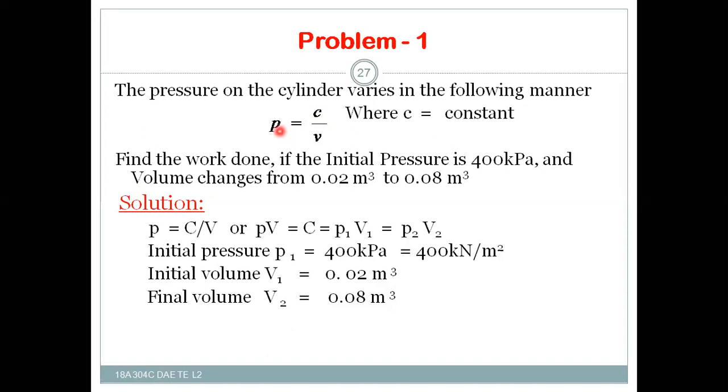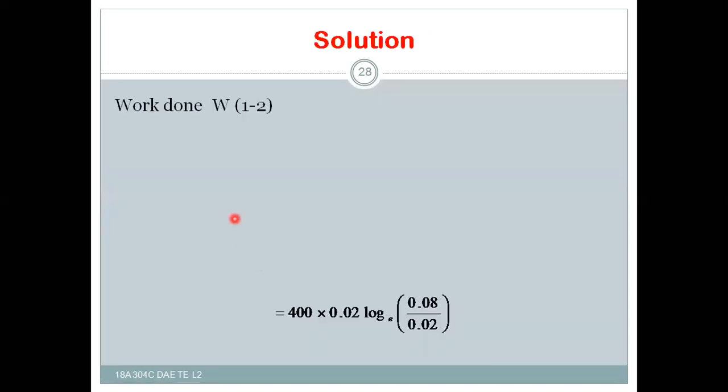If you substitute C by V in place of P, you will get the integral of 1 to 2 of C by V dV. The C is the constant that we can bring outside. So V1 to V2 of 1 by V dV will give you log base e of V.